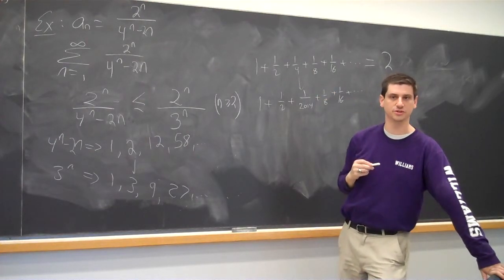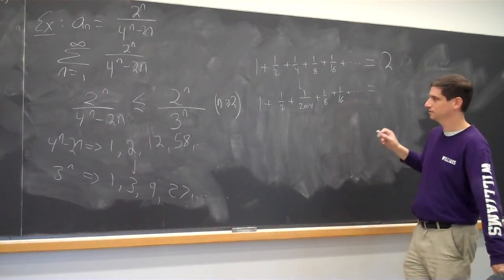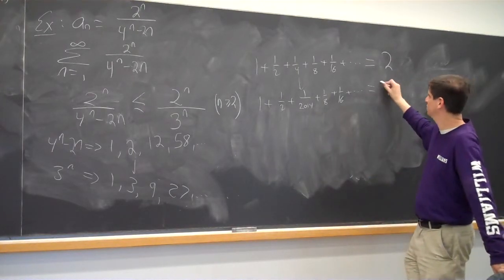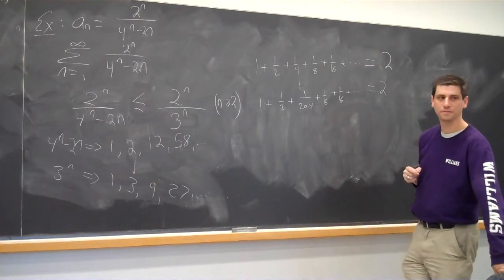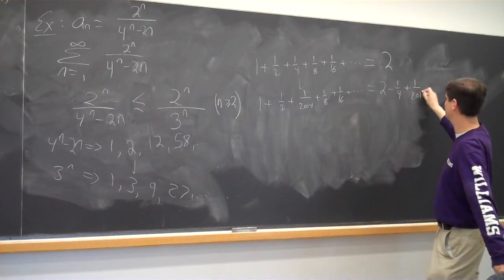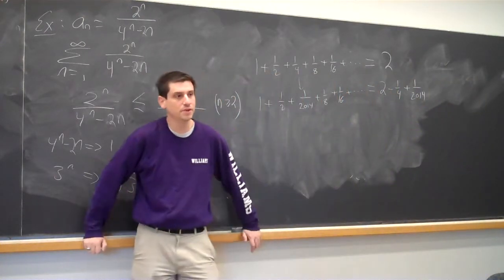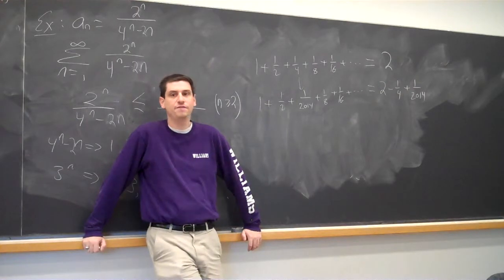Does the new sum converge? Yes. What does it converge to? Almost 2. It converges to 2 minus 1/4 plus 1 over 2014. That's the best way to write what it is. I've changed the value of the sum in a very finite computable way. I do not change whether or not the sum converges or diverges.